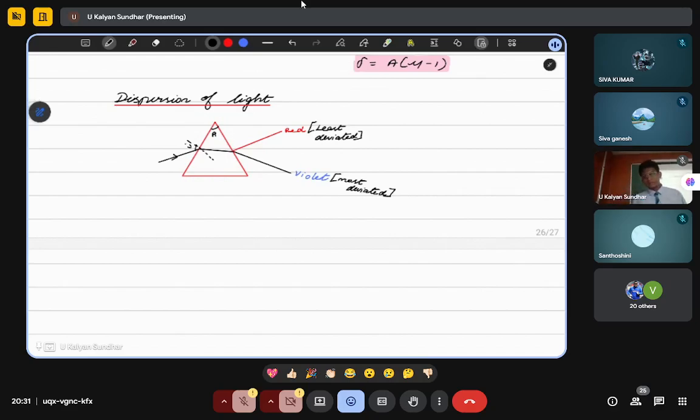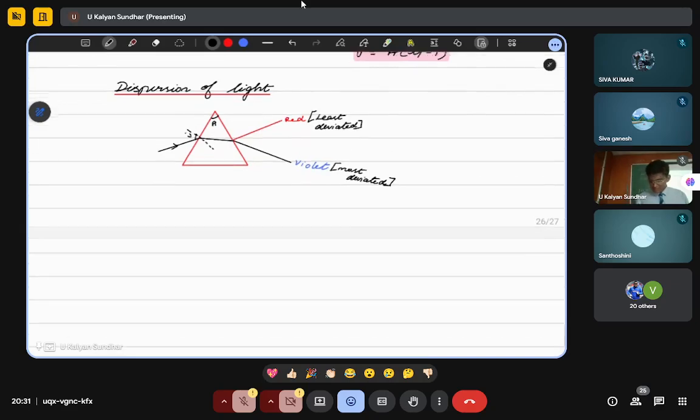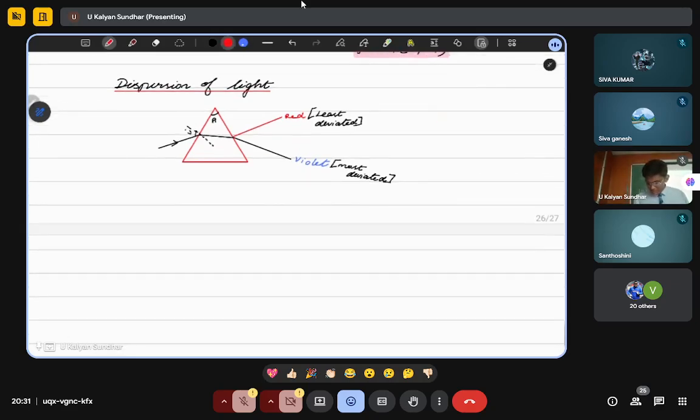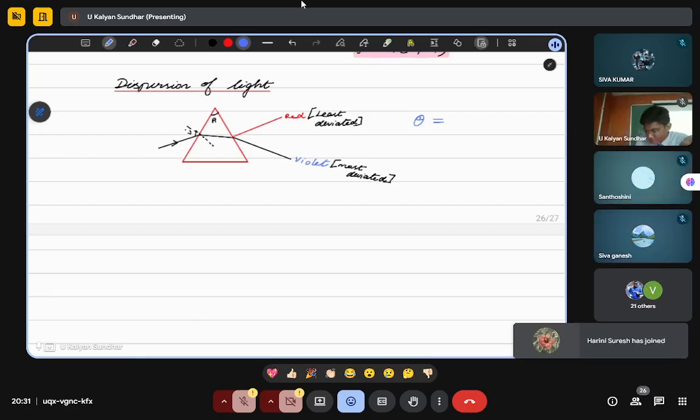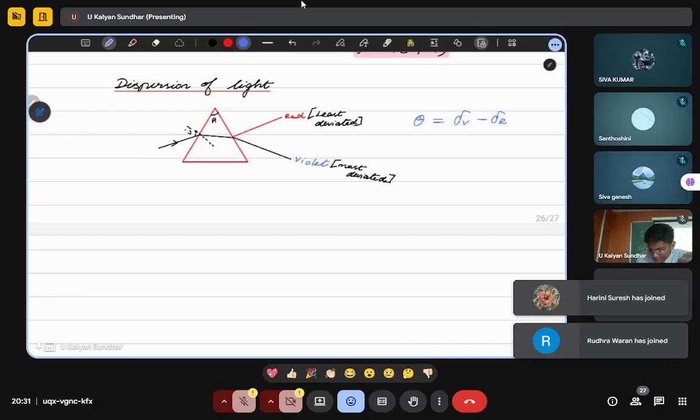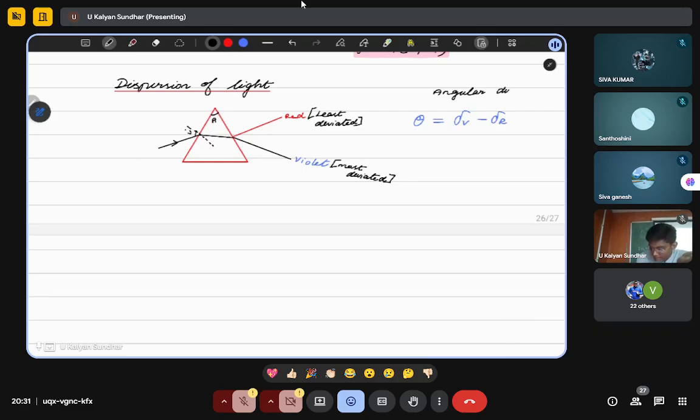So at this point we have something called theta, that is your angular deviation. Angular deviation is nothing but the difference between the most deviated minus the least deviated, which is the deviation of violet minus the deviation of the red color. So this is what we call the angular dispersion.